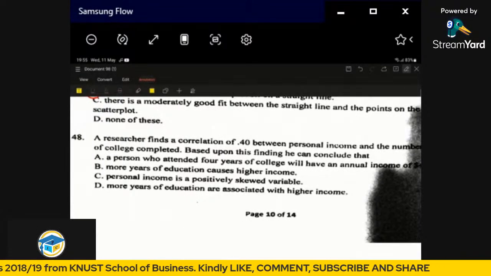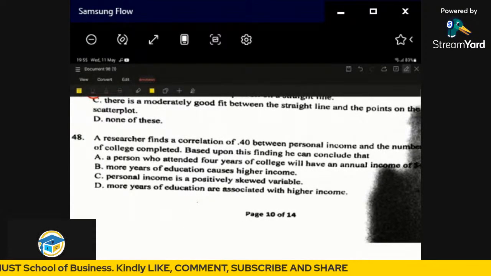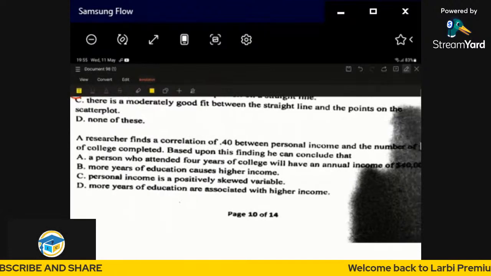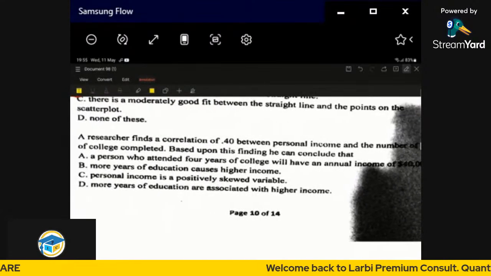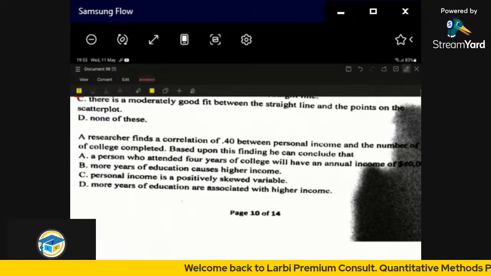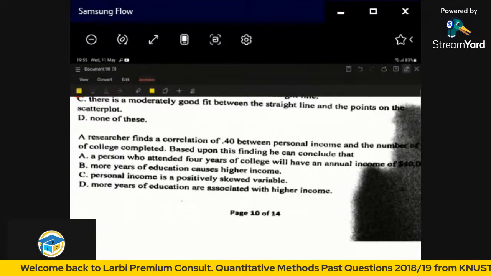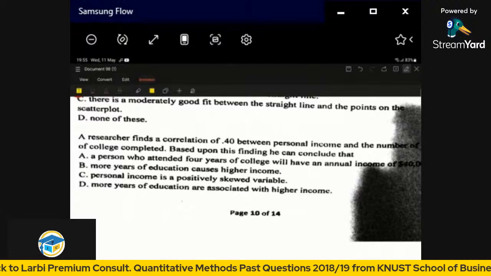Question number 48 is saying that a researcher finds a correlation of 0.4 between personal income and the number of years of college completed. That was the information that the researcher was able to deduce from this research.